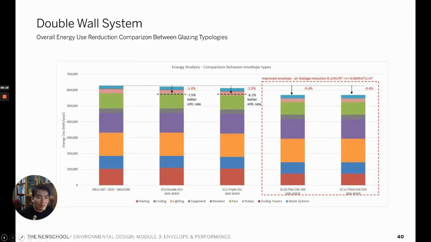In here, by the use of the double wall system, the simulation result shows a drastic decrease of heating energy, and the overall energy usage is decreased almost 10% compared to the baseline.